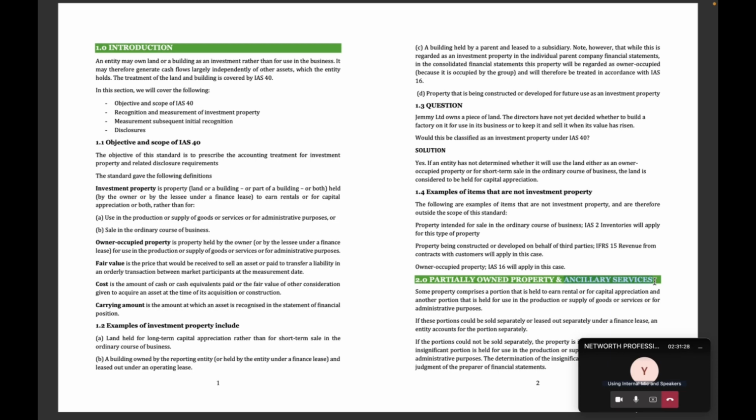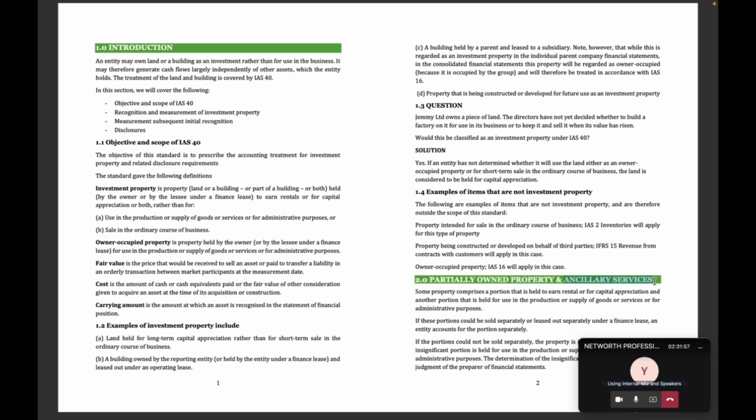So what I'm saying in essence is this: if there's a building that the occupants are paying service charge for, and you are providing all of these basic things, electricity, security, water, and all of that, it can't be investment property anymore. Then it becomes PPE in your books, because at that point that business is now your core activity. That's what you do.